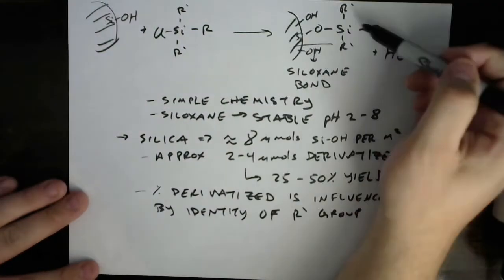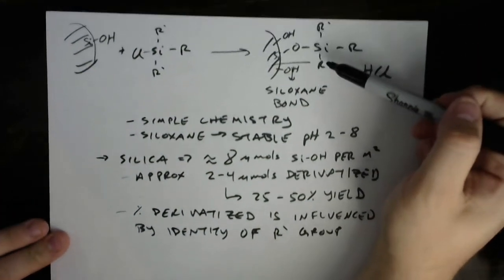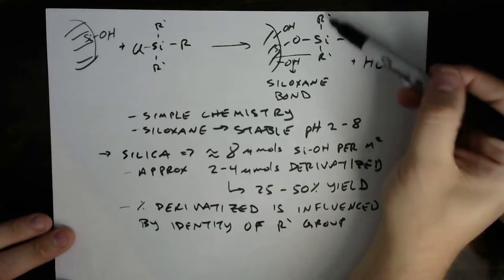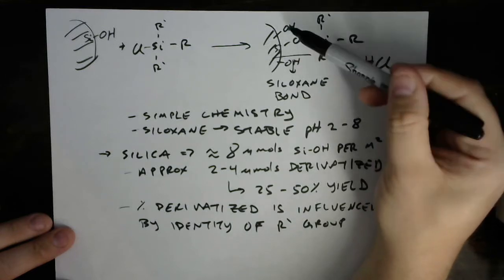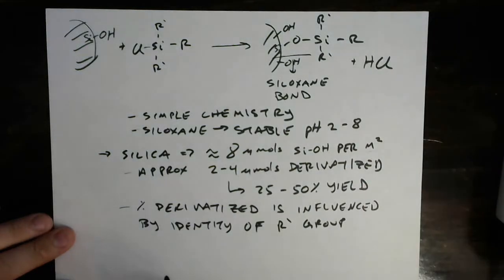So basically these side groups here, we'll see a little bit later how sterics can influence the ability to functionalize more or less, or to access more or less of these hydroxyls.